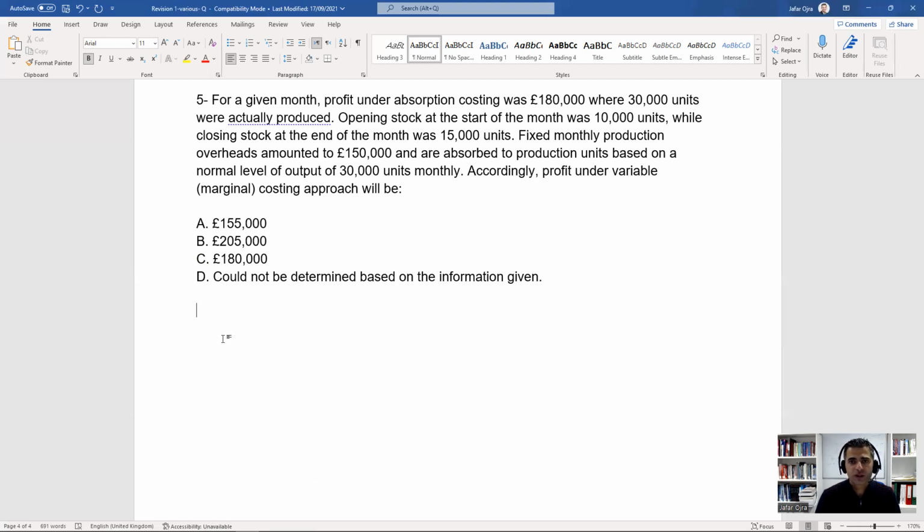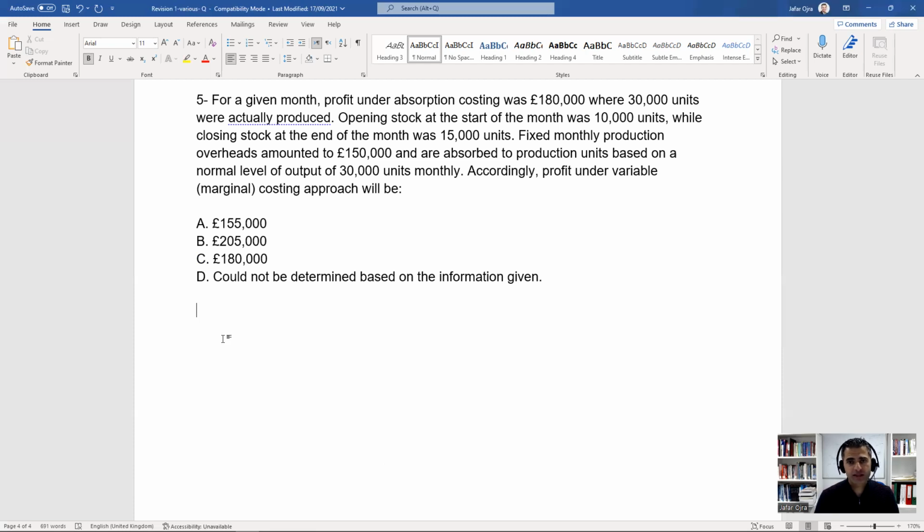Fixed monthly production overhead amounted to 150,000 and is absorbed to production units based on the normal output of 30,000 units monthly.